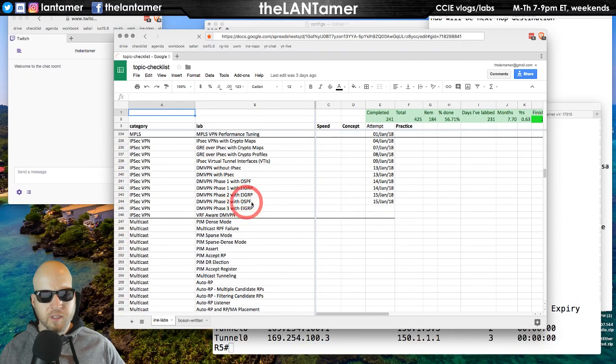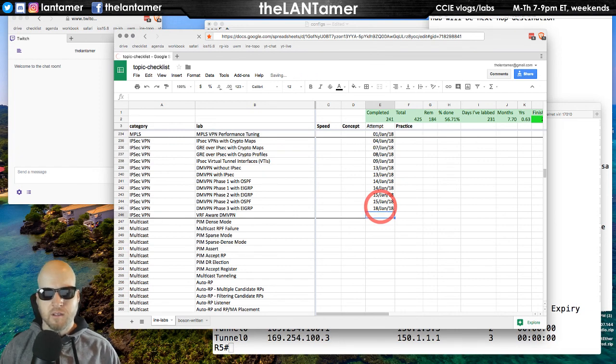So DMVPN, we did phase 1 and phase 2, right? Okay. Probably need to go back and redo those, but yeah, that may be this weekend. Maybe this weekend we redo the OSPF so we understand.